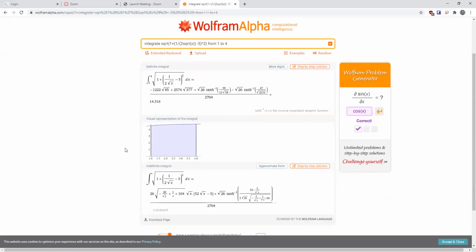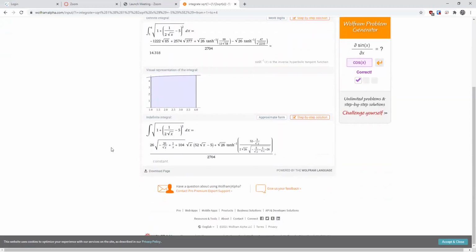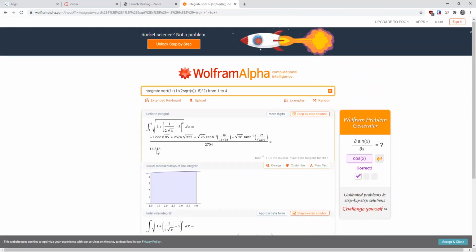Okay, before it flipped to this, it was 14.3179. That's what it was showing a few seconds ago, and then it flipped to this right here. We need 4 decimal places. This is the answer that we need right here, to 4 decimal places though. So 14.3179 was the answer.